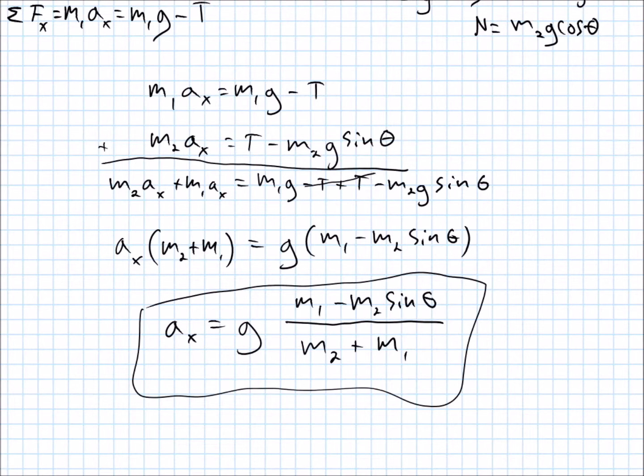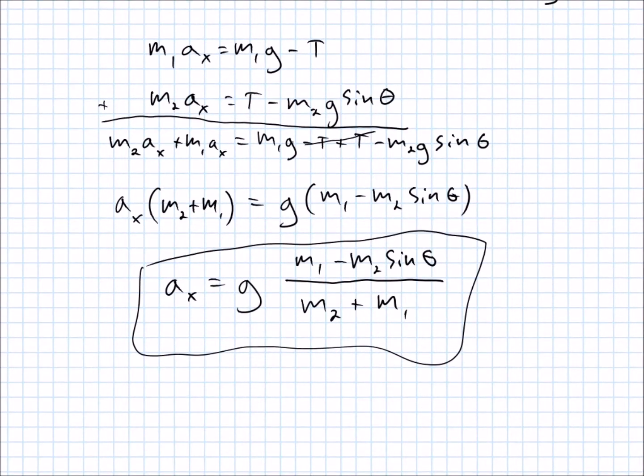Now to solve for tension, I just take either of my other equations, solve for tension, and plug in the a_x. From the top equation on the screen, I have that T will equal M1g minus M1a_x. And so we could plug in a_x right there, and we would also have T.